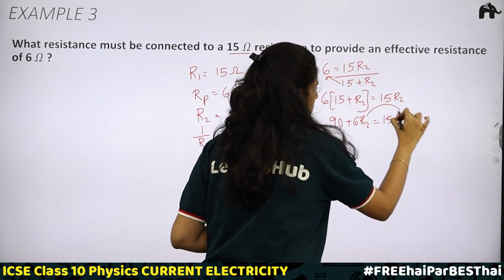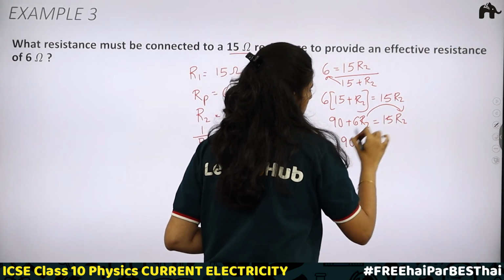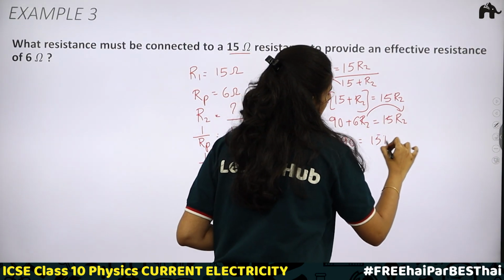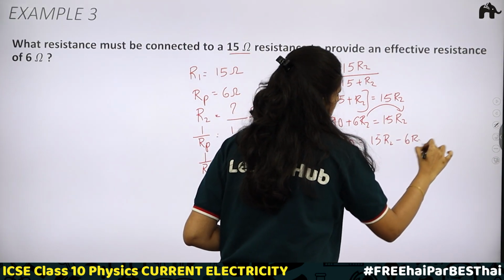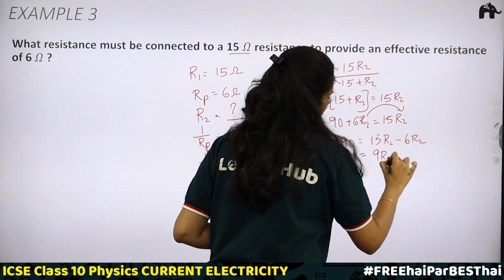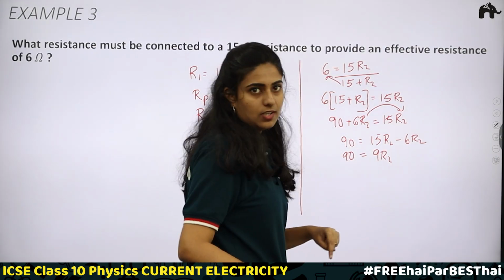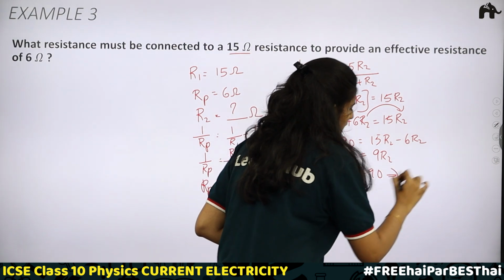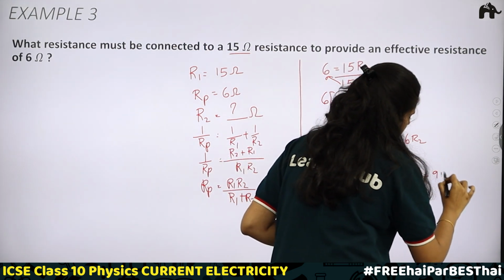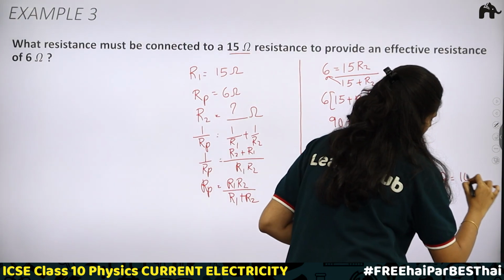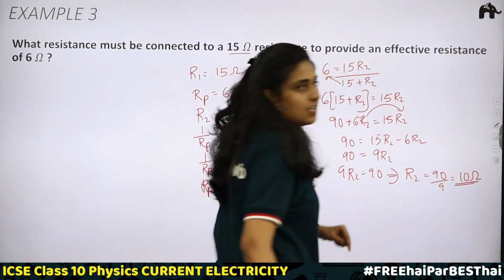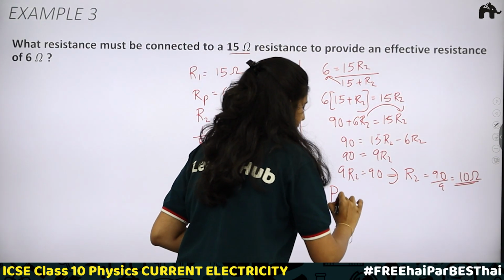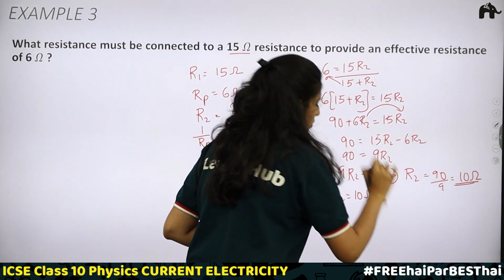Taking the 6 R2 to the opposite side, 90 will be equal to 15 R2 minus 6 R2. You get 9 R2 is equal to 90. If 9 R2 is equal to 90, then R2 will be equal to 90 divided by 9, which is 10 ohm. Okay. So the required resistance R2 will be equal to 10 ohm.